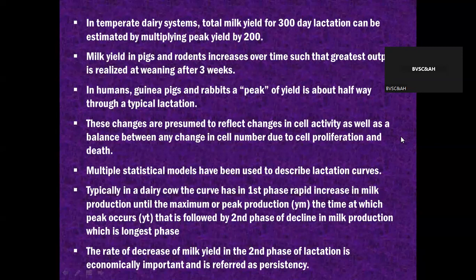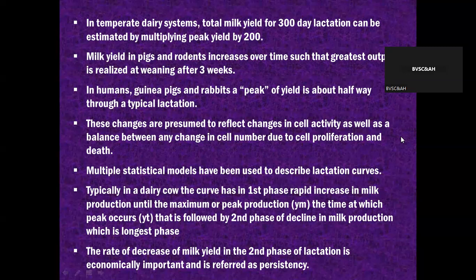That's the thumb rule. You multiply the peak yield by 200. So that's why, if you manage a herd so that its peak yield is maximum, even if you can increase 1 kg of milk in the peak yield, that means you are increasing 200 kgs throughout that lactation cycle of an animal.